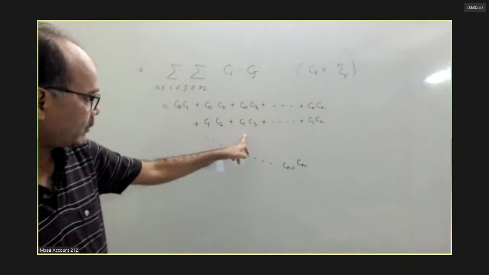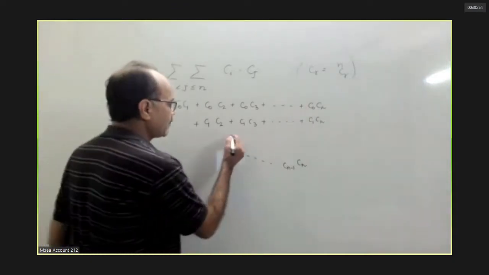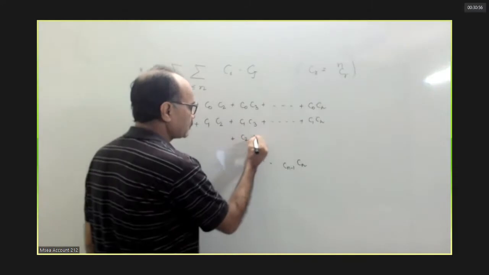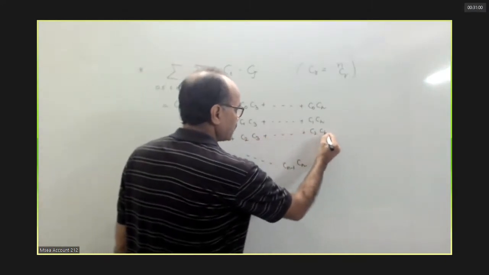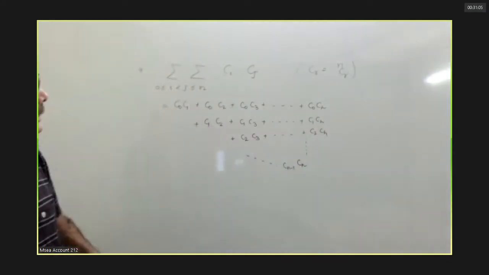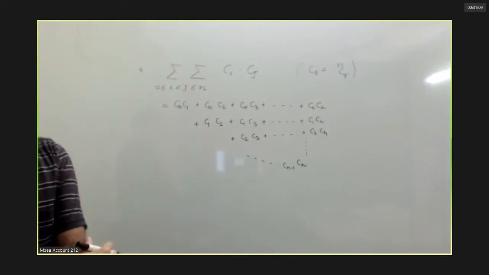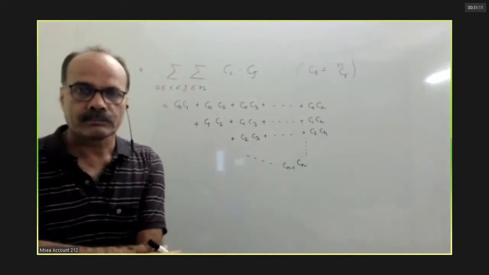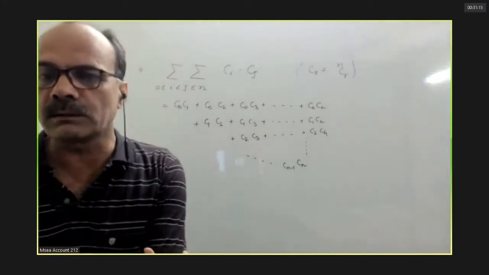Then I will be 2, J will be 3 up to, let me write one more term, plus C2 C3, C2 Cn. Like that, it keeps going. So this is the meaning of double summation. Understood? What is the meaning of double summation?